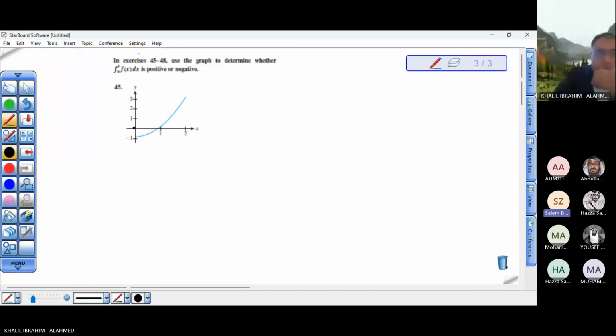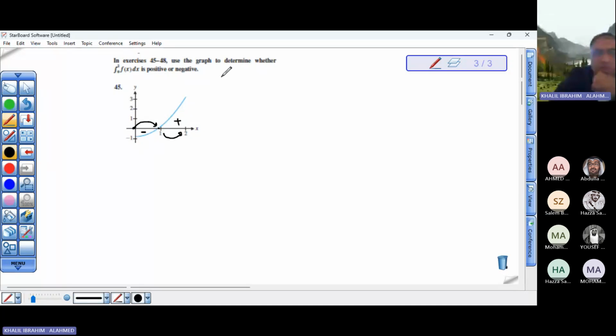From 0 to 1, negative? Yes. From 0 to 1 here, negative. From 1 to 2, positive.